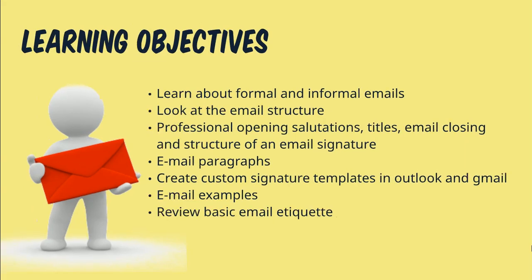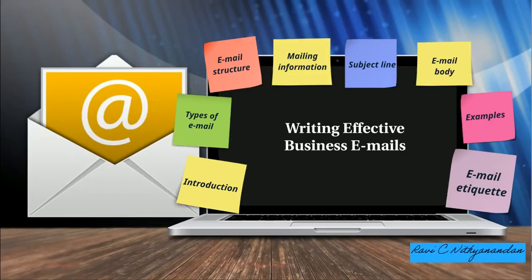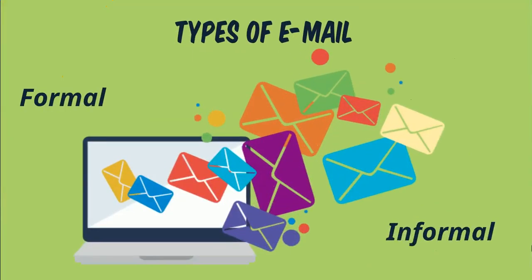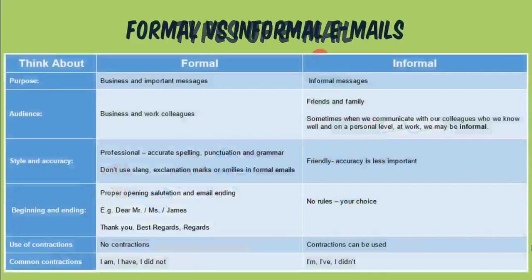Now, moving on to the next session, we will talk about the different types of emails. Emails can be formal or informal. Let us look at formal and informal emails in detail.